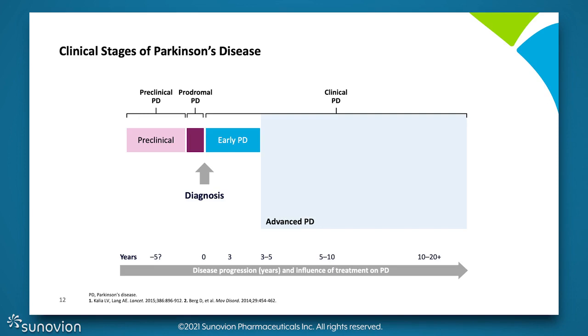So these symptoms are present, but they are insufficient to make the diagnosis, or perhaps were misdiagnosed for other potential medical problems. Preceding this prodromal phase, before any of these cardinal features are present, oftentimes there is a preclinical phase.